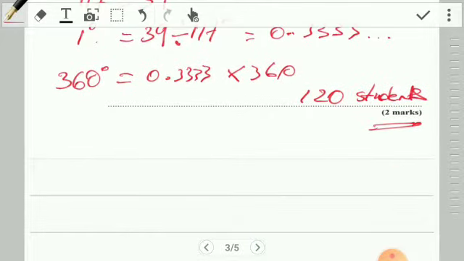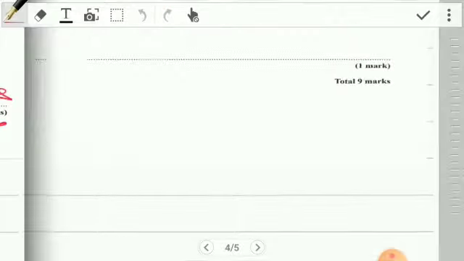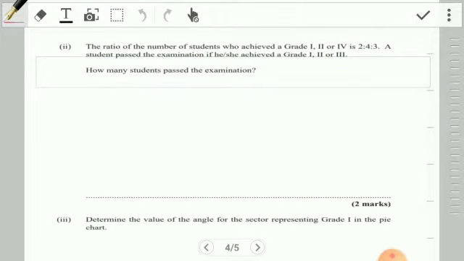Now let us jump to the next section. All right, so as I said, now we're looking at the fact that the ratio of grade 1, 2, or 4 is 2 to 4 to 3. A student passed the exam if they get grade 1, 2, or 3. How many students pass the exam? All right, so let us see what's going on. We know that there are 120 students.